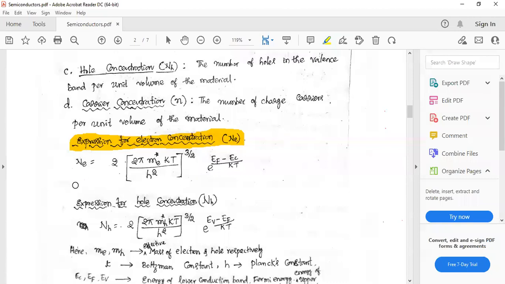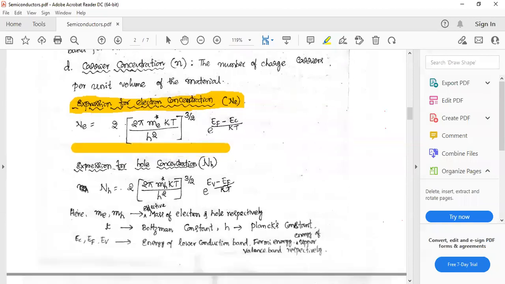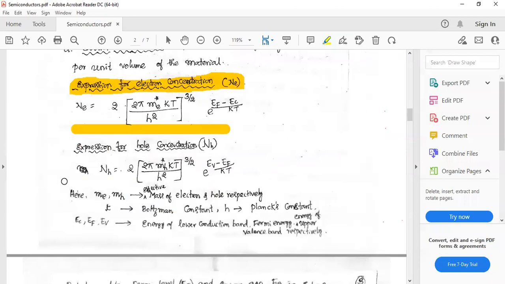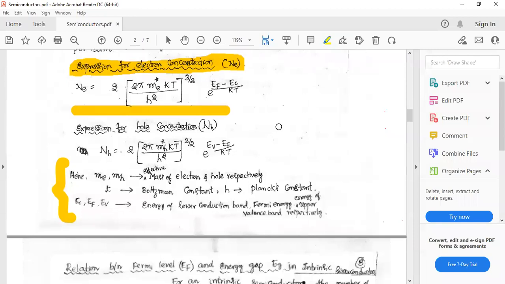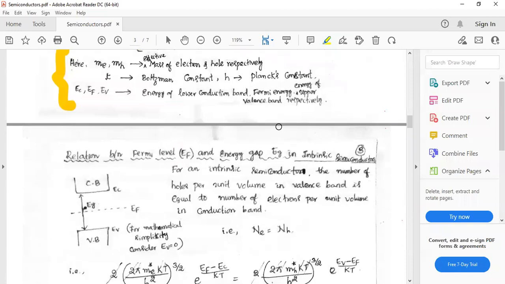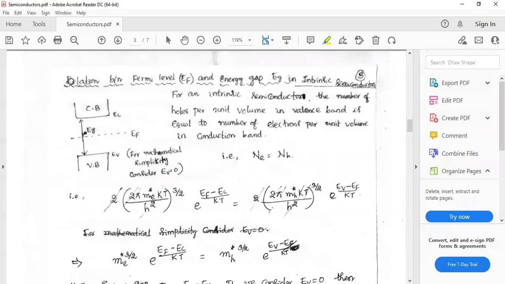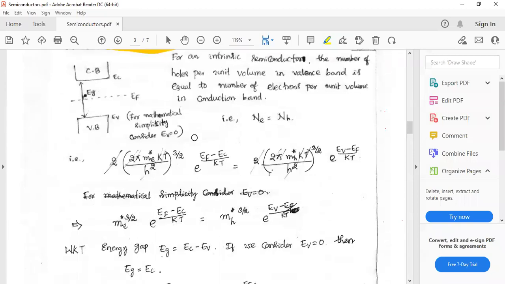You have to remember this expression, and also mention the meaning of all the parameters used in it: mh*, me*, k, T, and so on. The derivation of the relation between Fermi energy and energy gap is already over.